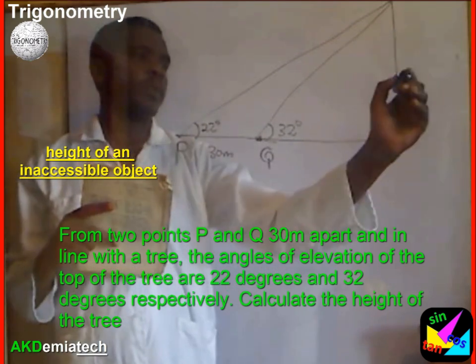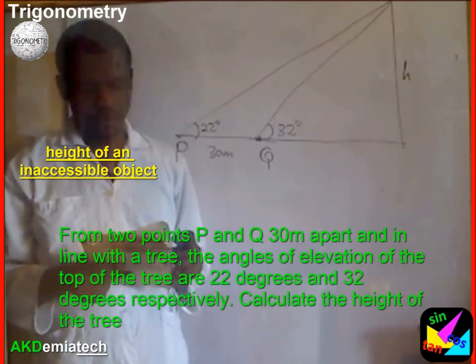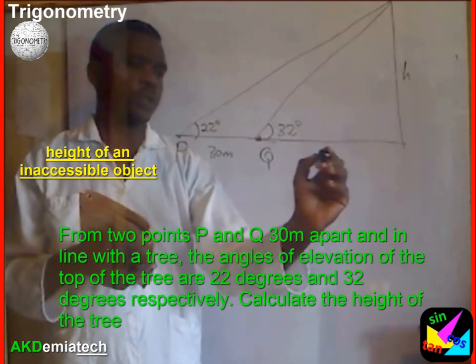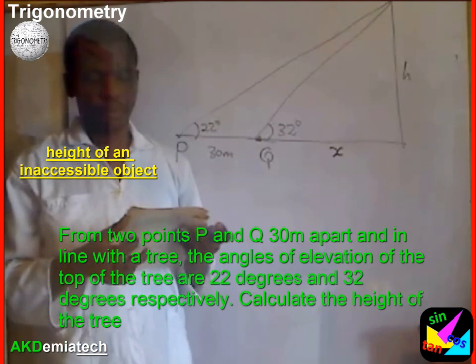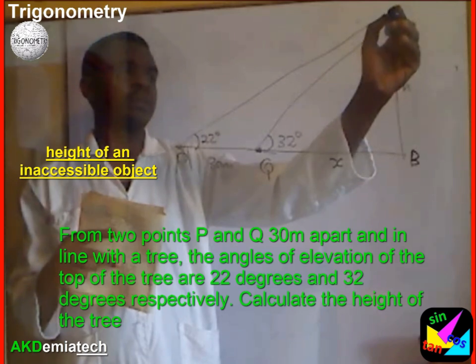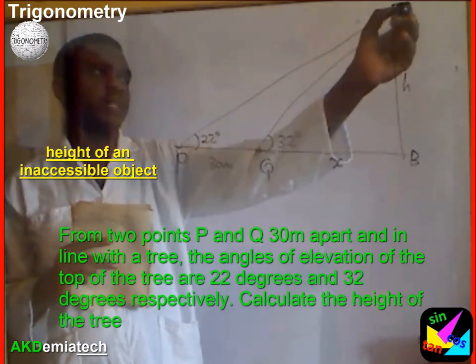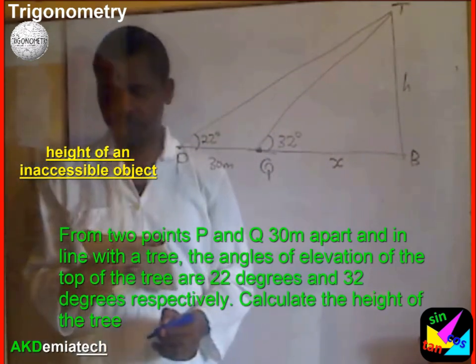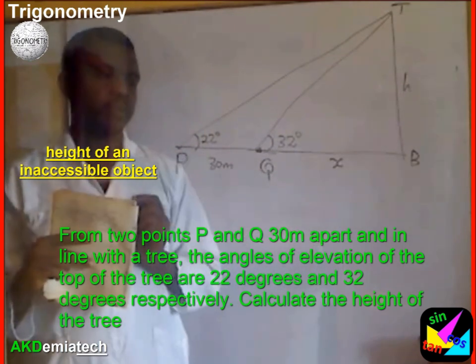Now we're asked to look for the height of the tree. We don't know the height of the tree. This distance we don't know, we call that x. This is the base of the tree. Let's call the peak of the tree T. Now let's consider this large triangle.